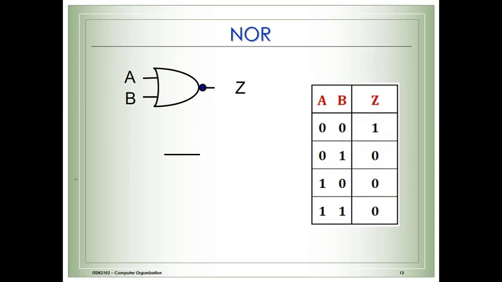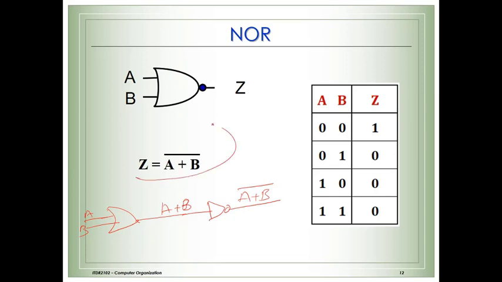Then the NOR gate. NOR is also, first you perform OR, then here you will get A or B, then pass this A or B to the NOT gate, so here you will get your NOR output, right? This is the graphical representation. A and B are the inputs, Z is the output. This is the algebraic function, and this is our truth table. If A is 0, B is 0, then A or B will be 0, but when you pass it through the inverter, the result will be 1.